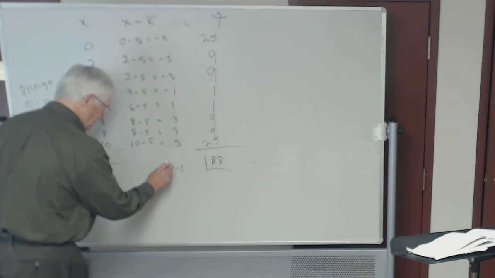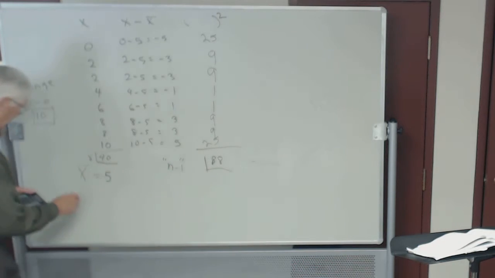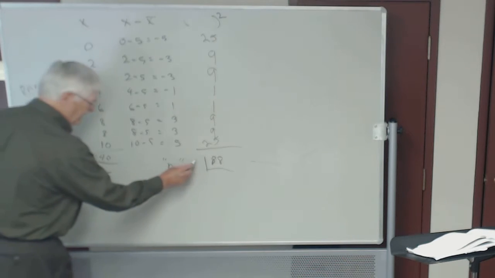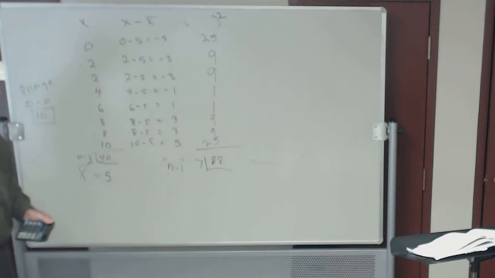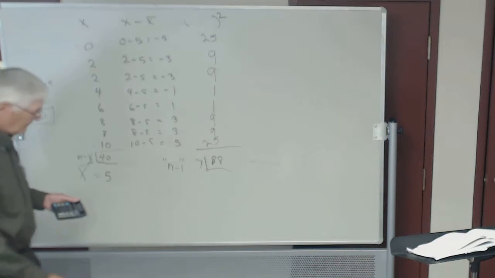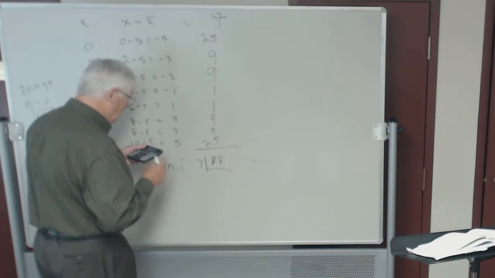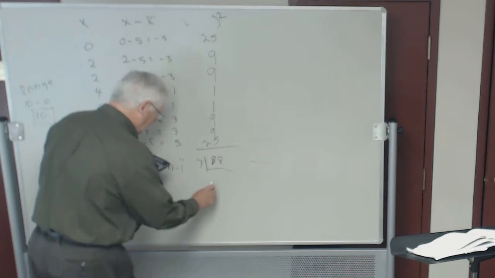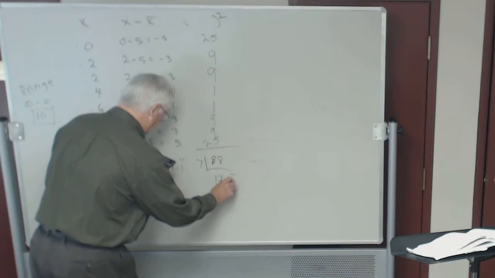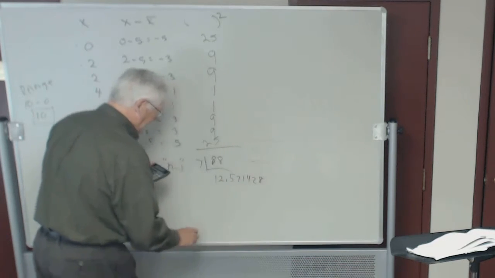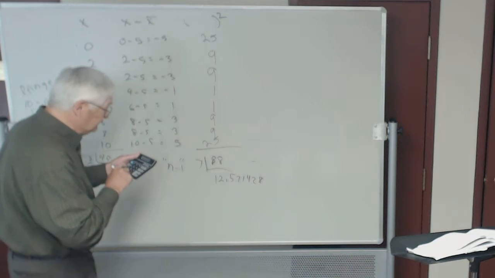N minus 1. And we had how many scores? 8 scores. So this would be divide by 7. And what's 88 divided by 7? 12.571428.